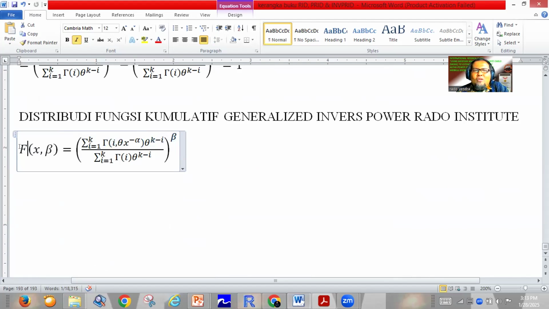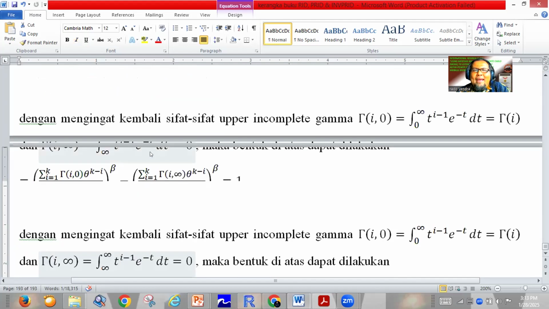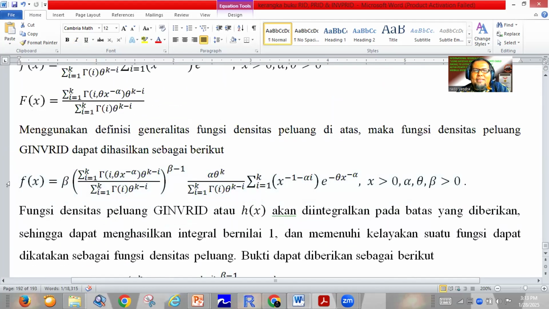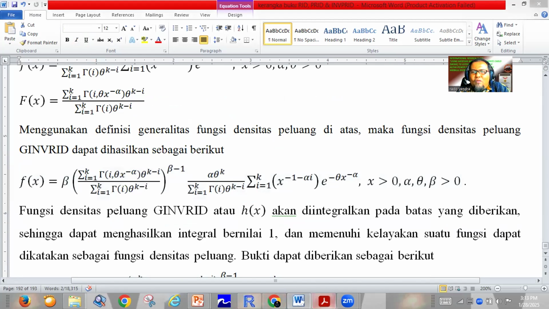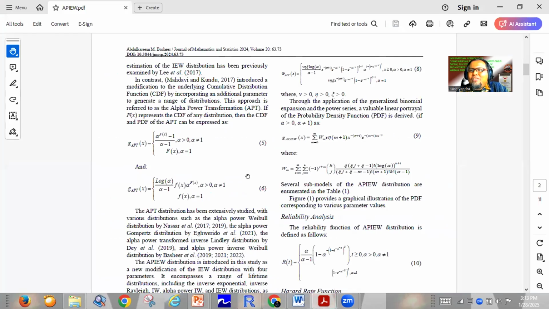Based on this cumulative and this density function, we can use the two functions to create the new model, namely the alpha power generalized inverse power Rado Institute distribution, based on equation 6.